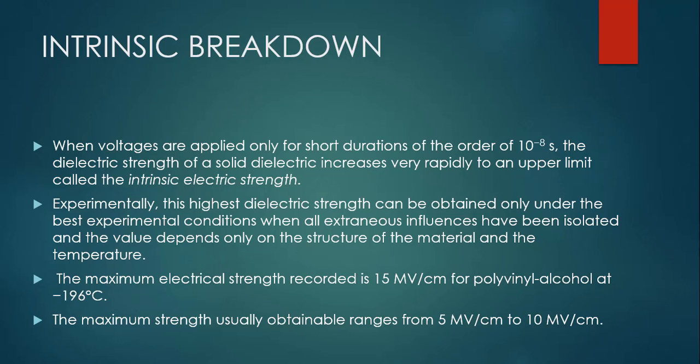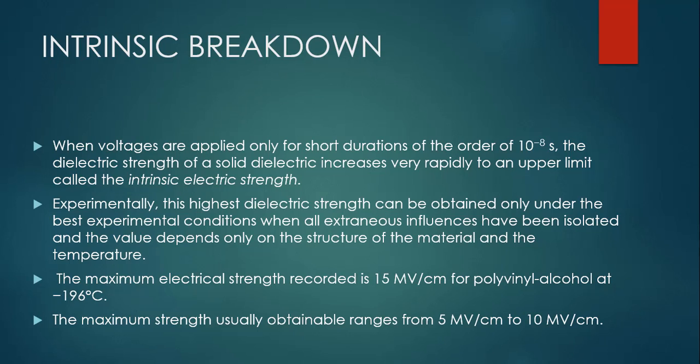So we have talked about the intrinsic breakdown mechanism. It basically depends on the presence of free electrons that are capable of migrating through the lattice of the dielectric. So this breakdown is of the highest order.